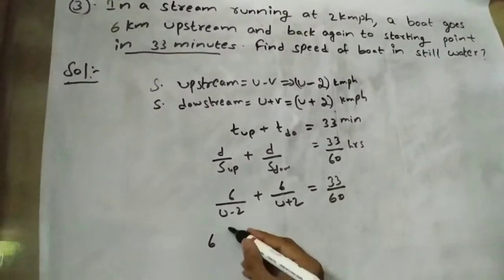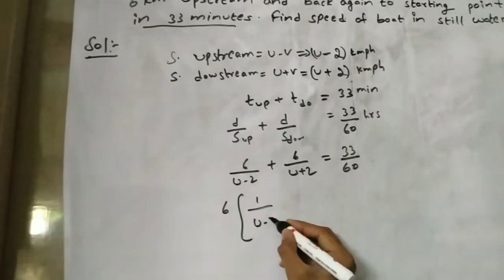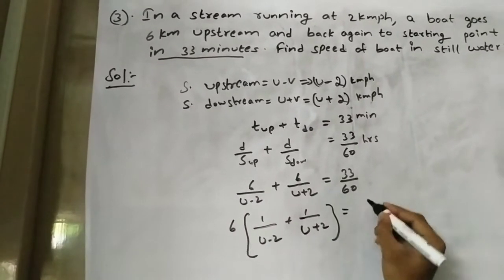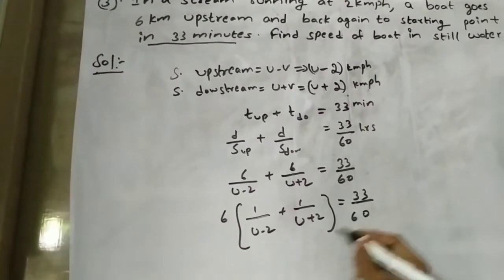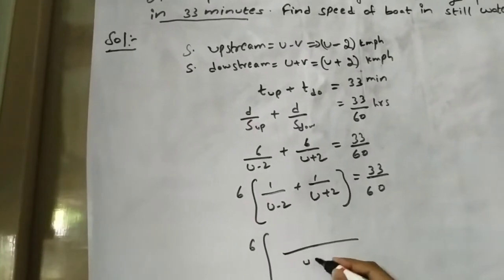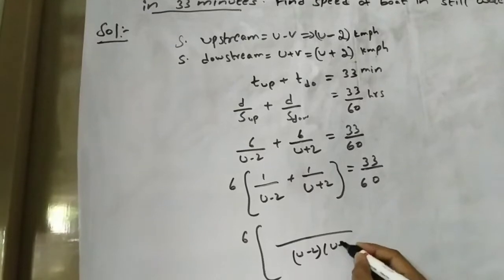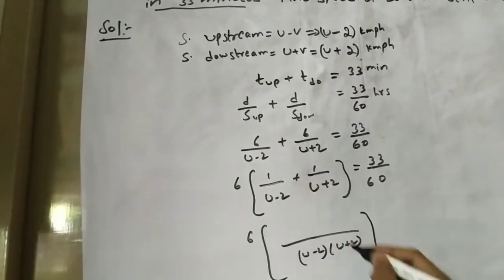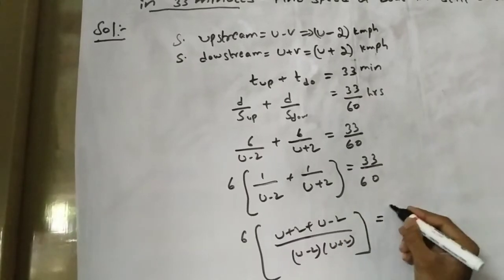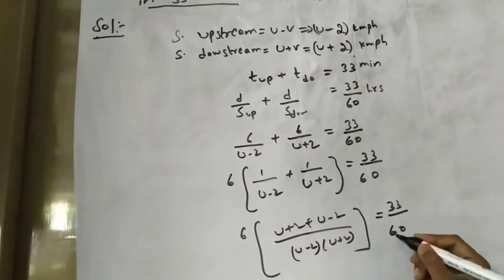Take 6 common: 1 by (u minus 2) plus 1 by (u plus 2) is equal to 33 by 60. Taking the LCM, 6 into (u plus 2 plus u minus 2) by (u minus 2)(u plus 2) is equal to 33 by 60.